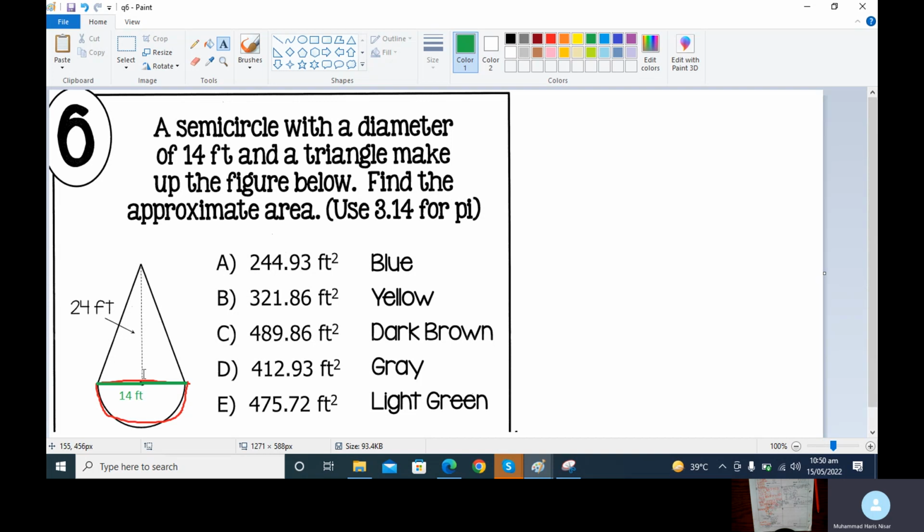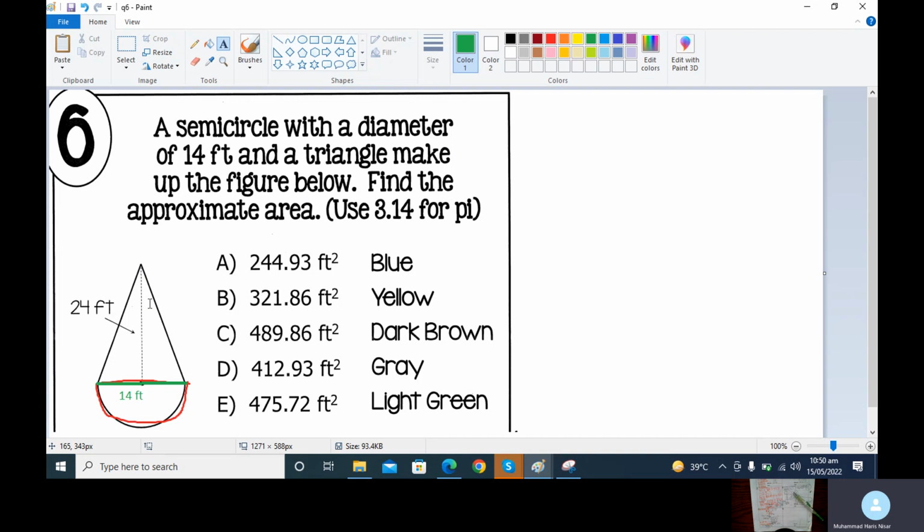Two triangles you can see there. Find the approximate area. We need to find all of this area. First of all, you will find the missing sides, and then you will apply the formula of semicircle and triangle.